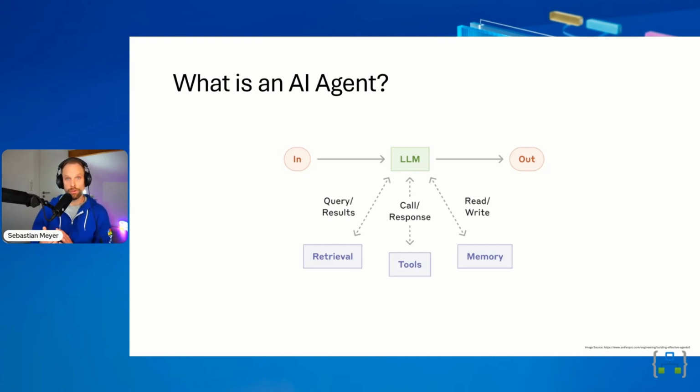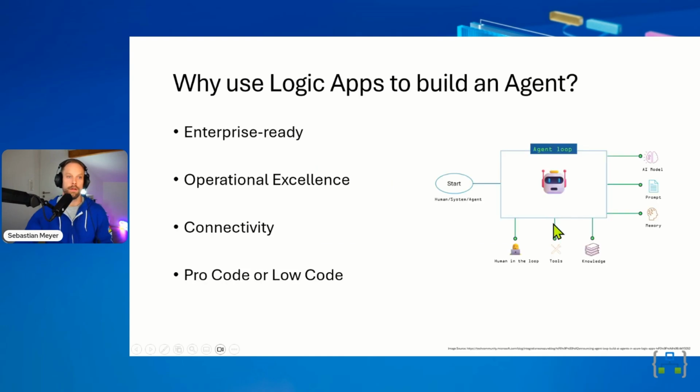With the knowledge of what an AI agent is, we need a way to build our own AI agents now. There are many possibilities out there, but I want to highlight why the use of Logic Apps is a good idea for building your AI agents. Why is it a good idea? Because Logic Apps are enterprise ready. That means they are scalable, secure, and reliable.